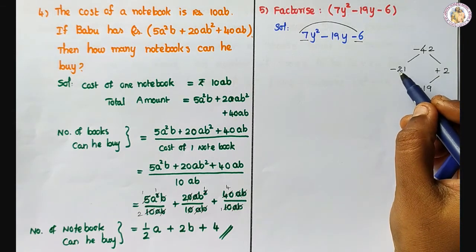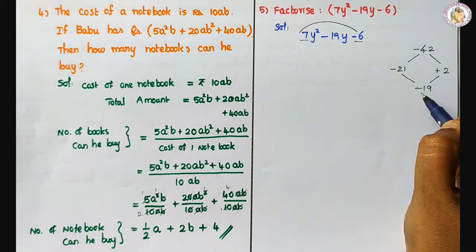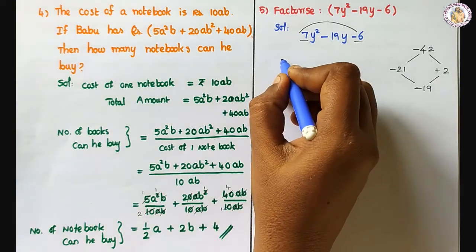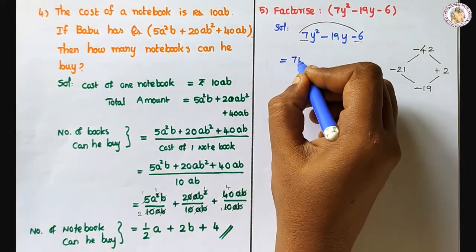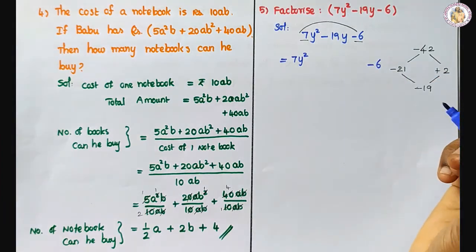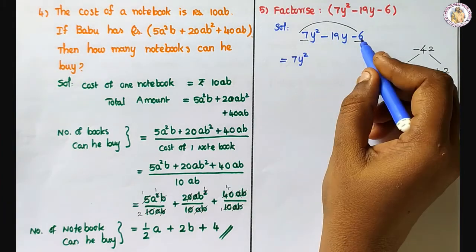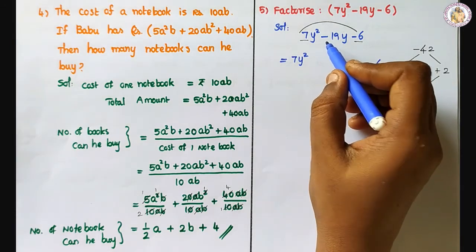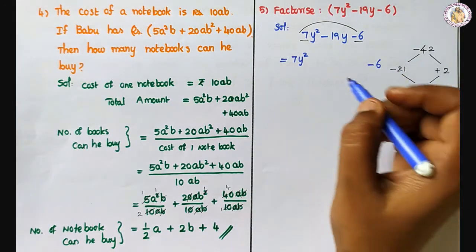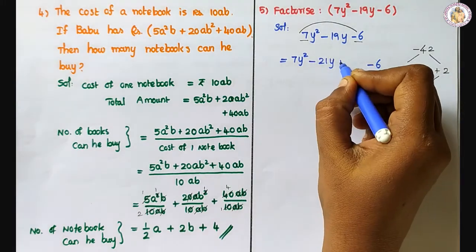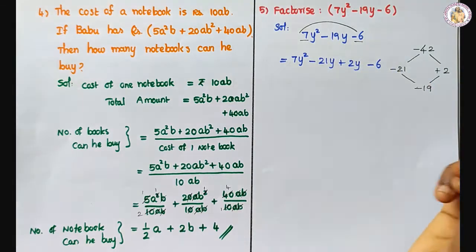Here 21 is the greater one, so that sign we put. So minus 19. Now 7y squared and minus 6, write down as it is. This one and the last constant term, write down as it is. Here minus 19 is split into minus 21y plus 2y.